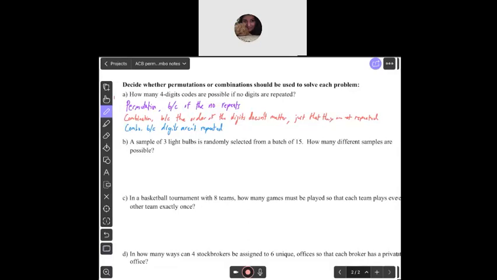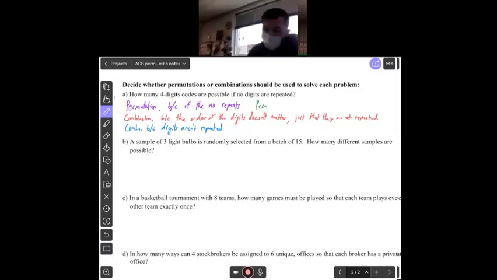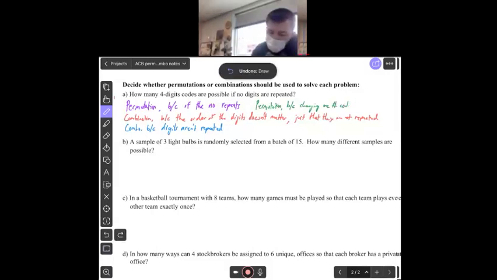So you're saying it's a permutation because changing one of the numbers would have an effect on the others. Does that sound right, or am I paraphrasing what you said? Yeah. Okay.